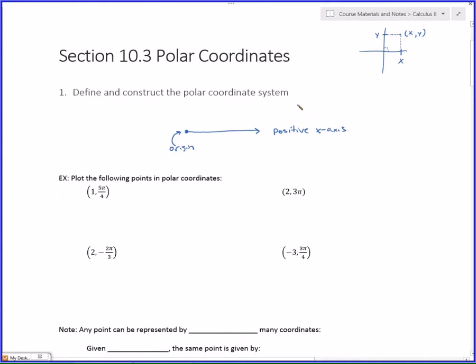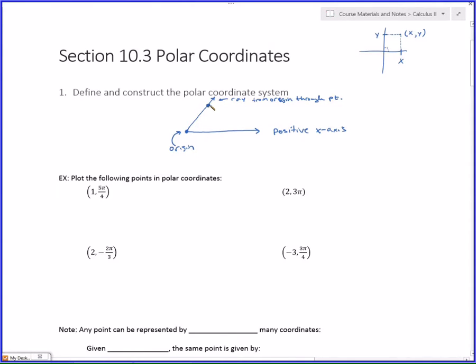So now, whenever I draw a point out here in space, or in the plane, I want to assign to that a location. So what I do is I will start by drawing a ray that goes from the origin through that point. All right, this is a ray, from origin through the point.